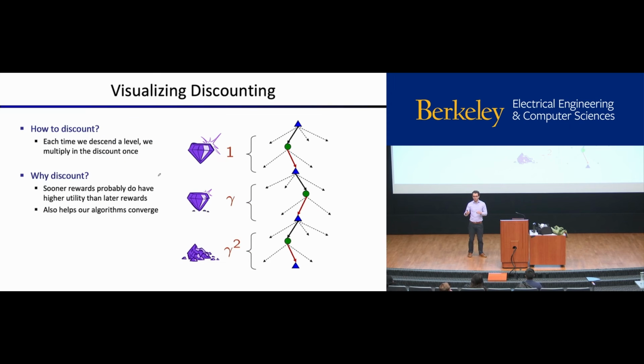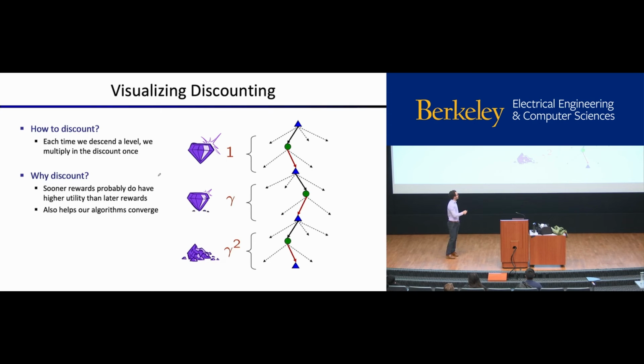We can imagine going back to our search tree, and we're saying that every time I go from one state through a chance node to another state, that corresponds to needing to discount the future by 1 gamma. Okay? So we go from this state to this state, and we get our instantaneous reward along that action sequence. Then we get our normal 1.